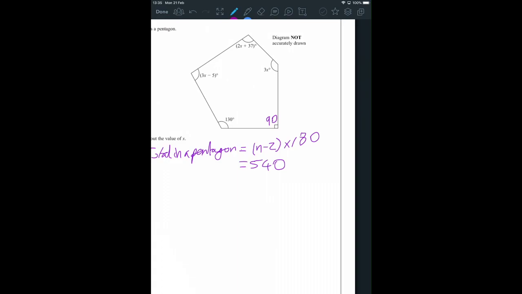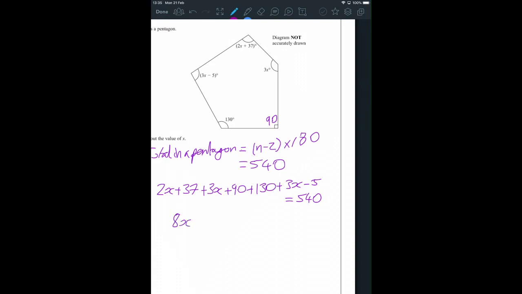Well, that's going to be an equation which we can set up and solve. So let's add all of our angles together. I start at the top and then go round clockwise to make sure I don't miss anything. Equals 540. Let's collect all the like terms. I've got a 2x, a 3x and a 3x, that makes 8x.